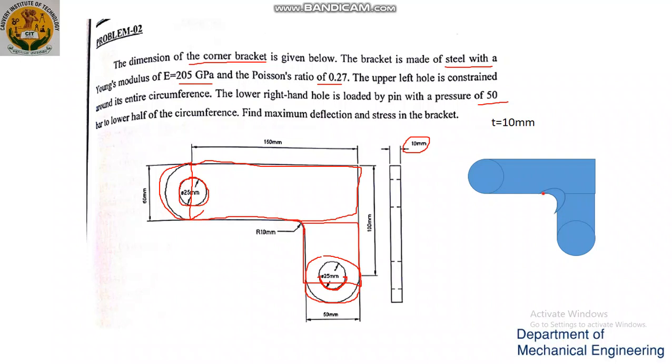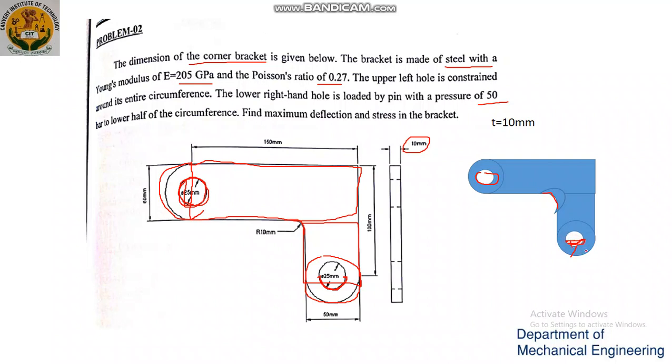Then you are going to create a hole of 25 mm diameter, or 12.5 mm radius, at this point. Then you're going to constrain at this location, and apply load to this half of the circle.